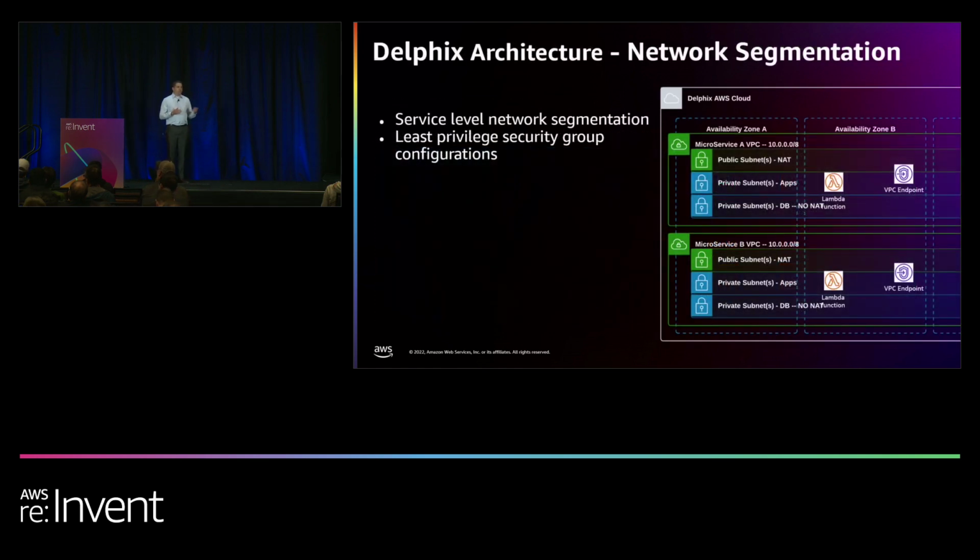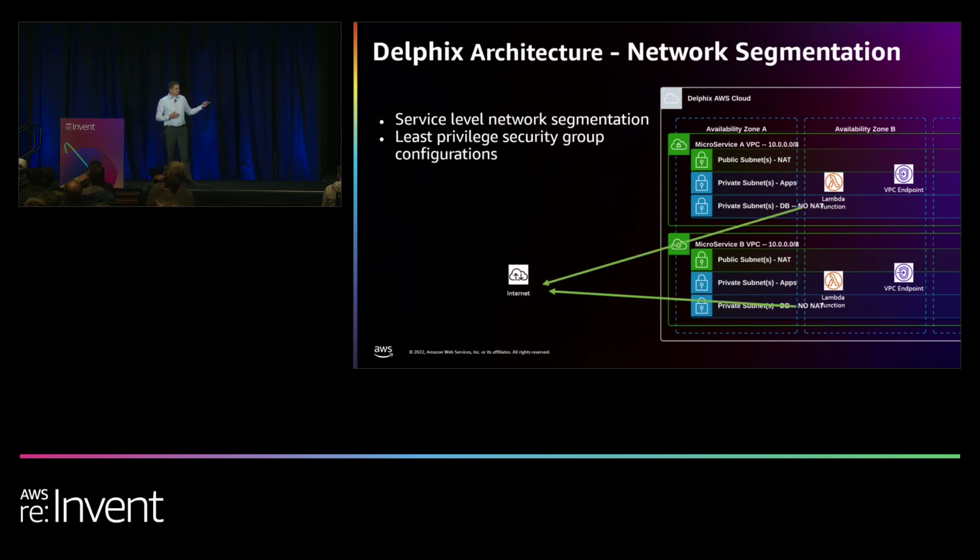Next, let's talk about our network segmentation and our network design. So we use service-level network segmentation, and every service resides in its own VPC, with least privileged security group configurations on every service. Services do not have any direct communication with each other. Our VPCs have identical overlapping IP space, so we couldn't peer them even if we wanted to.